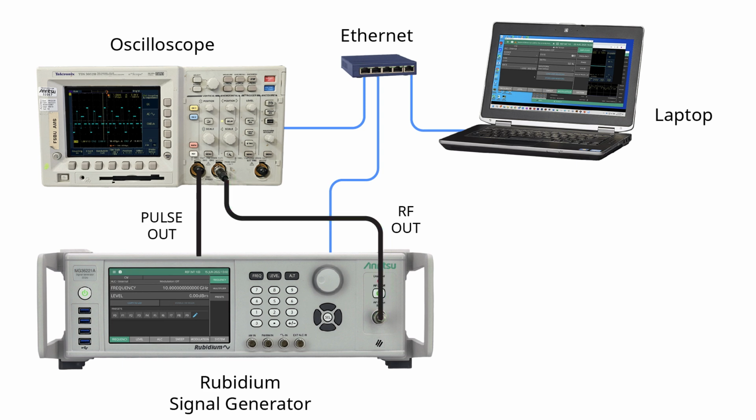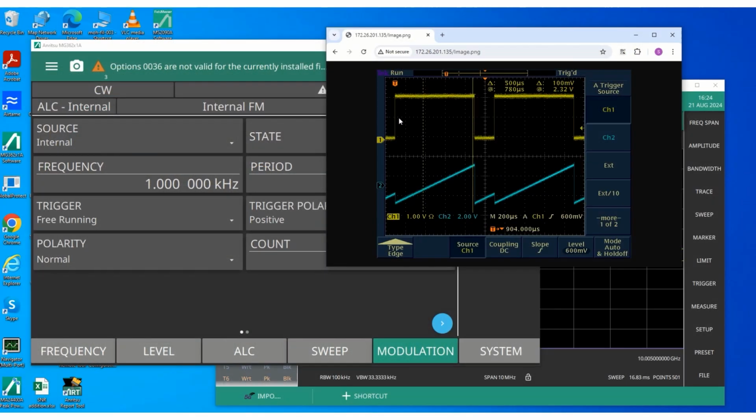So what I will do is I will replace the baseband ramp input that I had fed into the oscilloscope with the RF output. And then you should see the chirp in the place of ramp. So let me do that.